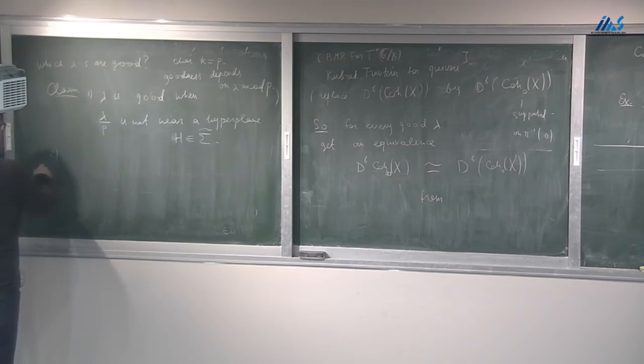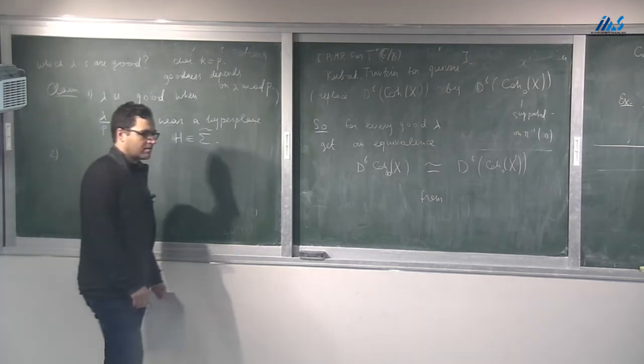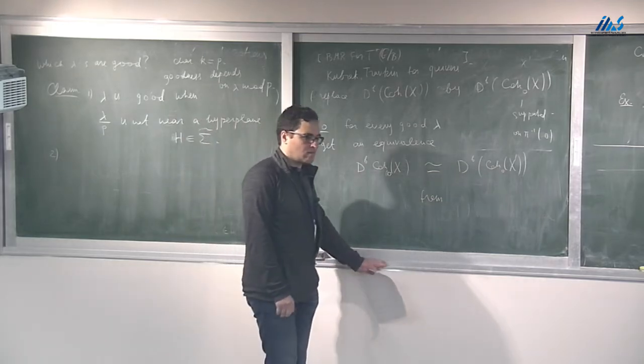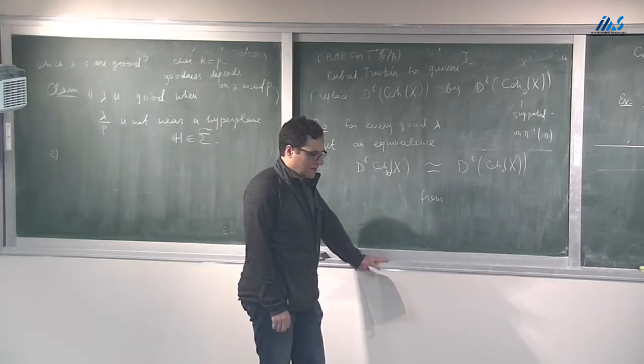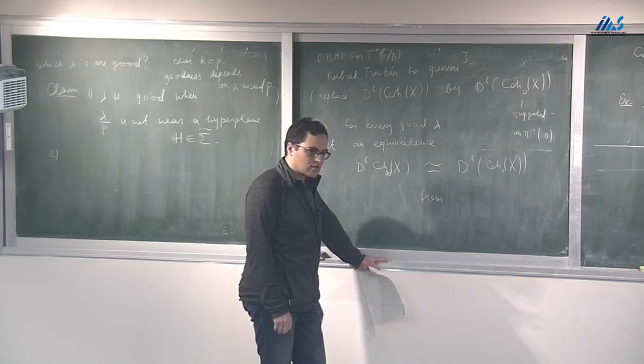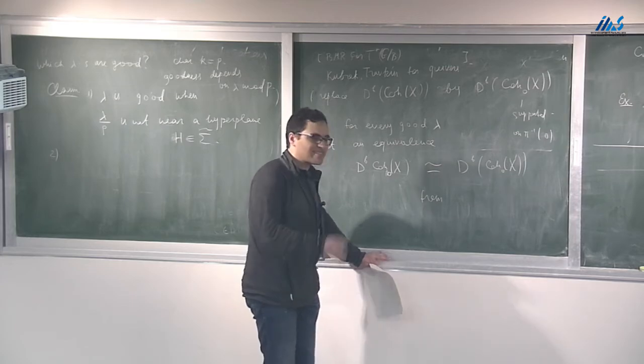But isn't it supposed to be reduction of lambda mod p is not in sigma tilde reduced mod p? No, because near to hyperplanes cannot also be bad. This was a remark, not only points on the hyperplane. Okay, let's discuss it later.